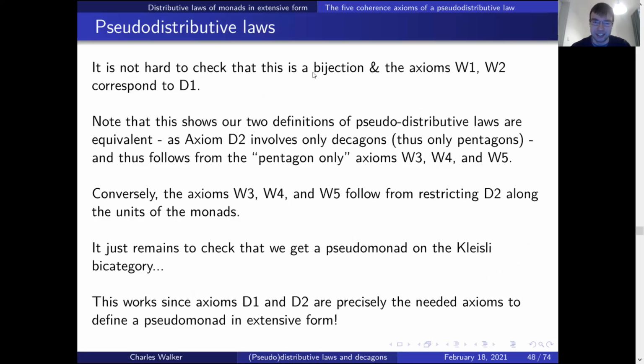Actually, it's not hard to check that this is a bijection. You can already sort of see that the unit axiom on the decagon is quite similar to both of these two unit axioms on the pentagons.